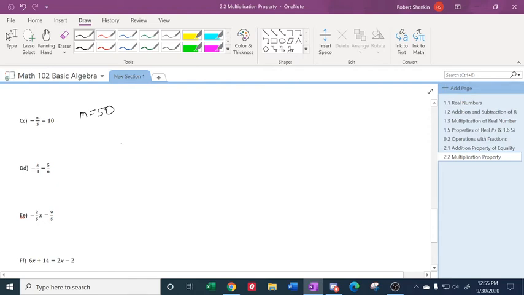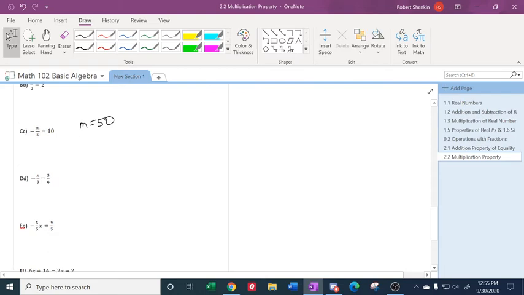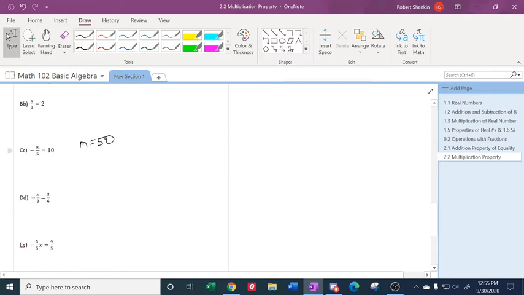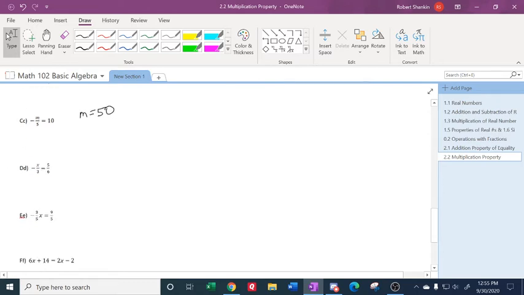Okay. Were you using something like this worded kind of thing? Like what number divided by 5 is 10? Was that possible? I did, but I don't know. Okay. All right. Now, that can work.